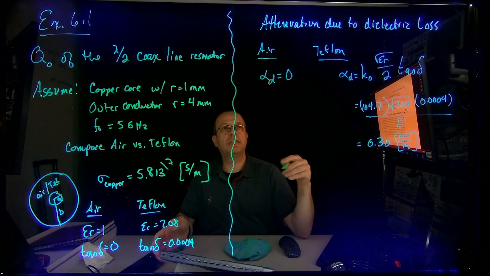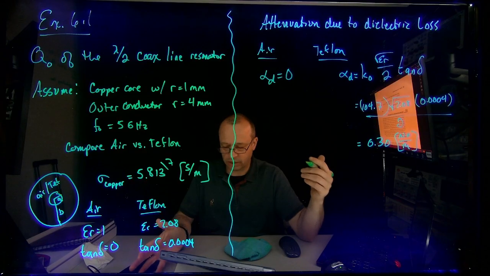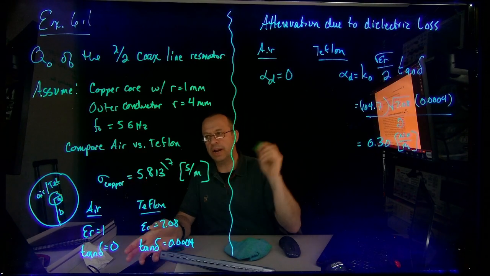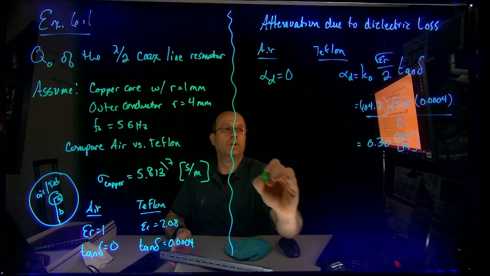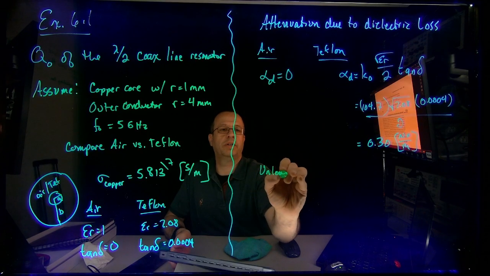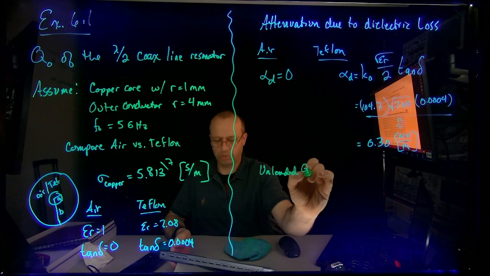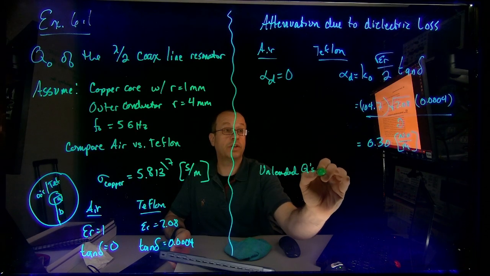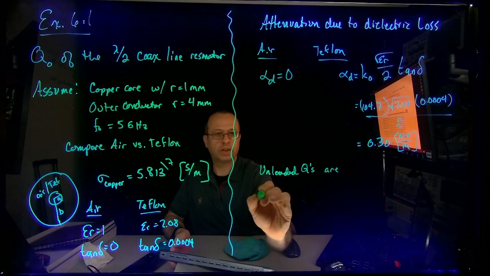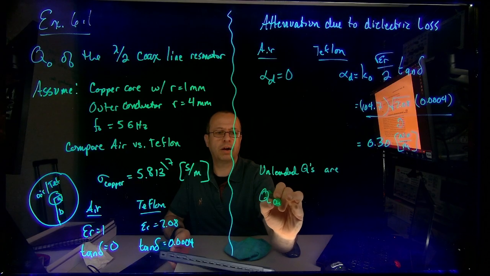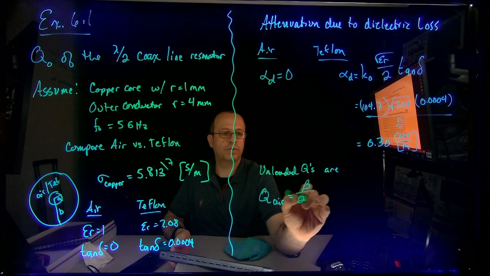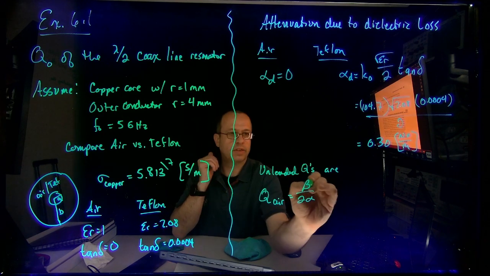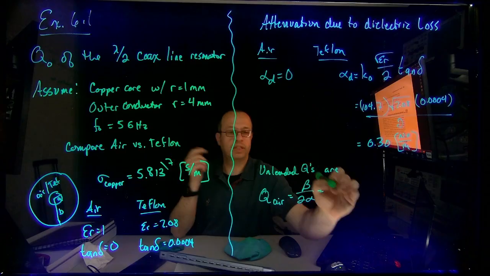And lastly, the last thing we need to do is the unloaded Q values. We need both for air and Teflon. So the unloaded Q for air equals beta over 2 alpha, and we already calculated beta.